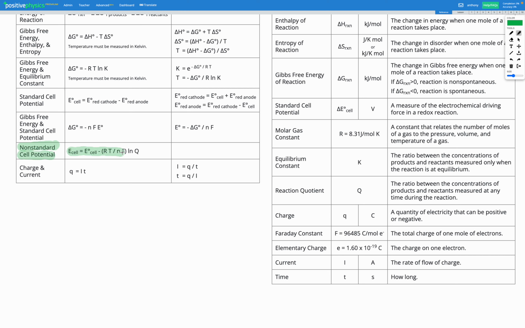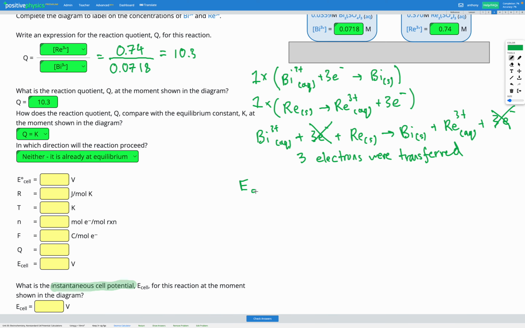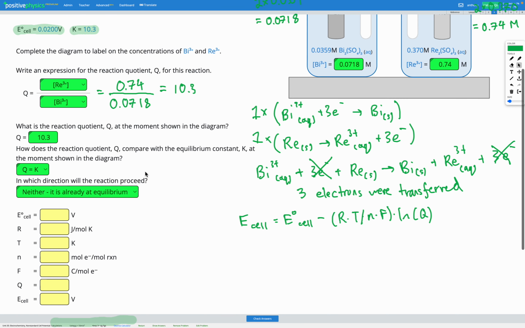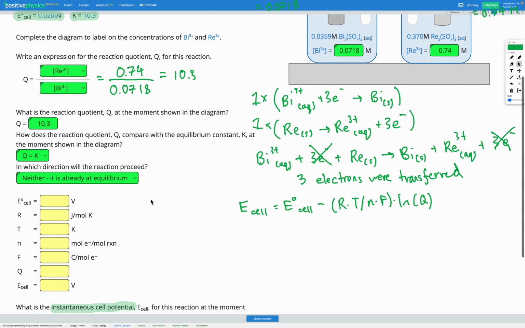E cell is equal to E naught cell minus RT over nF ln Q. So let's go ahead and find all of our known variables. The standard cell potential, we were given that in the question. It's 0.02 volts.